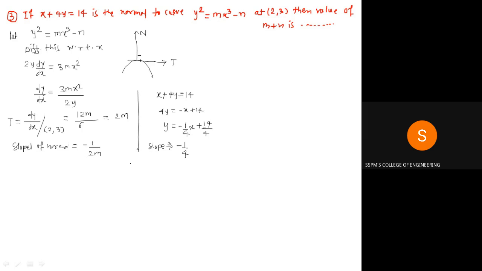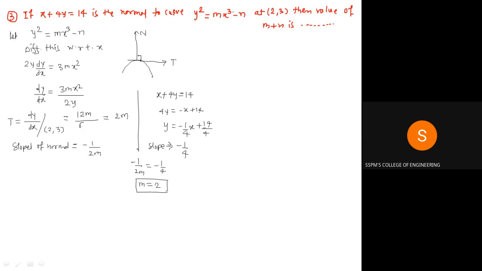Okay, minus 1 by 2m is equals to minus 1 by 4. तो माइनस माइनस कैंसिल होता है, तो m की वैल्यू आप लोगों को 2 मिलेगी. m की वैल्यू आप लोगों को क्या मिलते हैं? 2 मिलते. अगर m की वैल्यू मिल रही है तो हाउ टू गेट देयर वैल्यू ऑफ n?